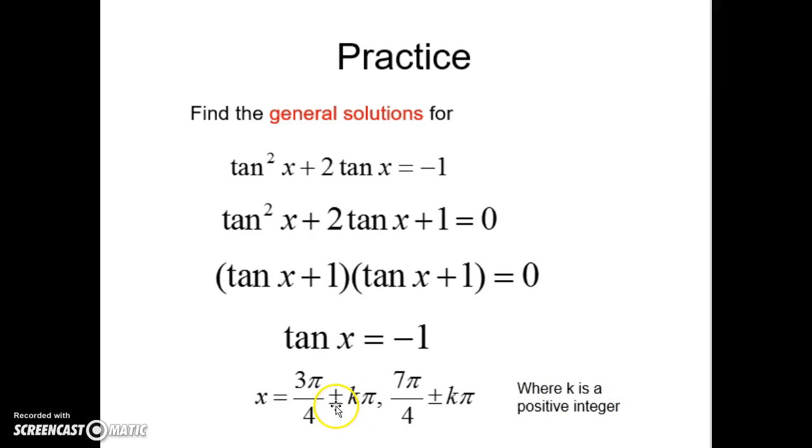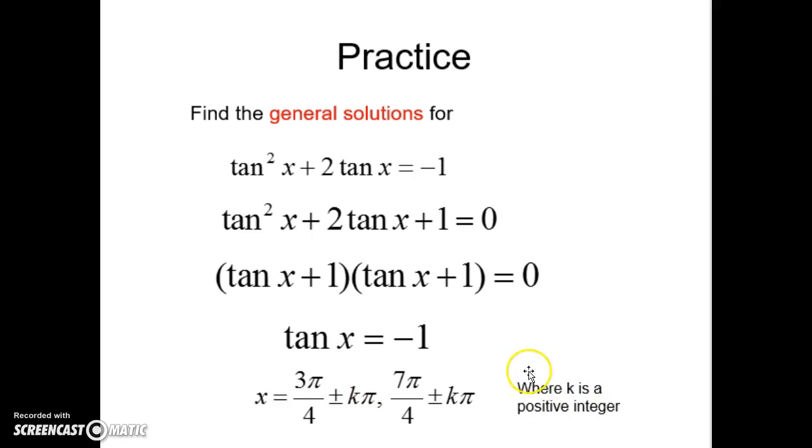Now the negative part allows that the general solutions could also involve negative angle measures, so we could go in the opposite direction. So if they ask for general solutions, we first have to pay attention to the period of the function that we're working with. The period for sine and cosine is different than the period for tangent, but the plus or minus k part of it we would take with us for all general solutions.